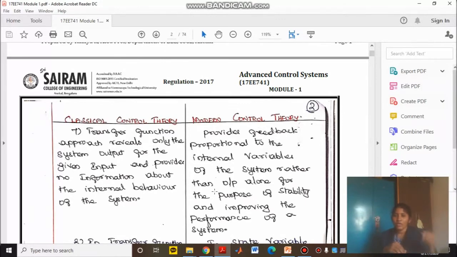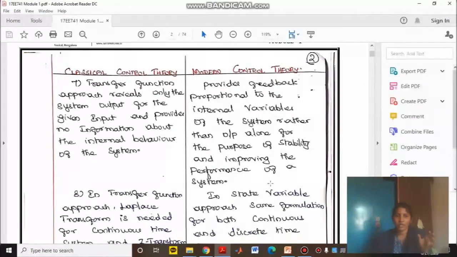It may be a continuous or discontinuous signal, or a linear or non-linear input: linear continuous, linear discrete, non-linear discrete, non-linear continuous. Like that you can give different types of multiple inputs, and you can analyze the output when you apply a state variable approach. That is in modern control theory. This is the basic difference between classical control theory and modern control theory.